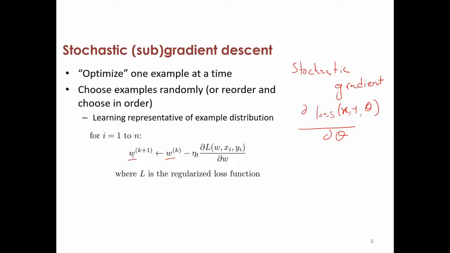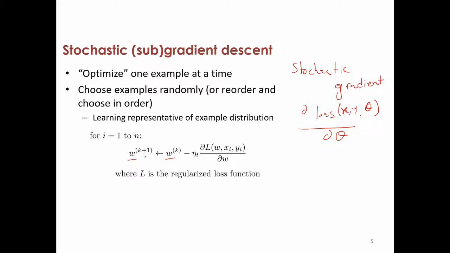We will come to the guarantees. But essentially you can think that this random sequence of w's is also somehow minimizing the expected loss. This is what is going on.